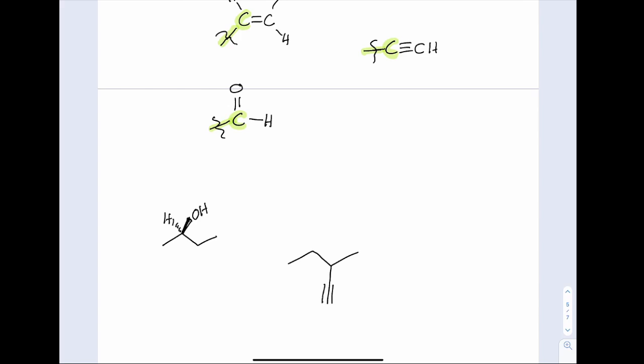I messed that one up a little bit. Sorry, guys. I want to get a triple bond in there, but I need to show you some stereochemistry. I'm changing what I want to do. I'm going to do a cyanide group. Let's put a hydrogen here.